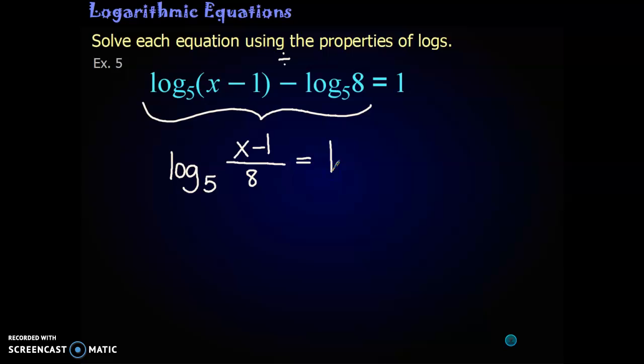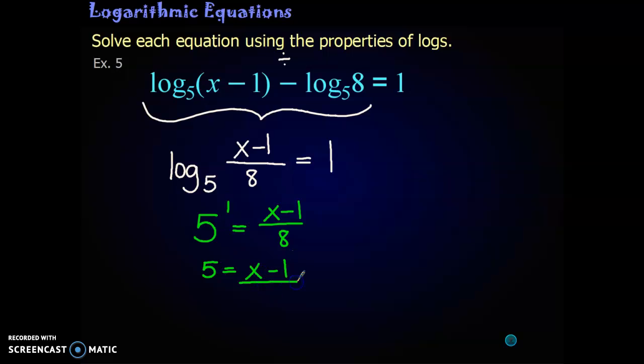Now this is like example 4, right? So I've used my properties. I've written it now as a 1 log problem. So I need to rewrite this 1 log as an exponential. So that becomes 5 to what power? So 5 to the first equals x minus 1 over 8. Okay, we know 5 to the first is just 5.